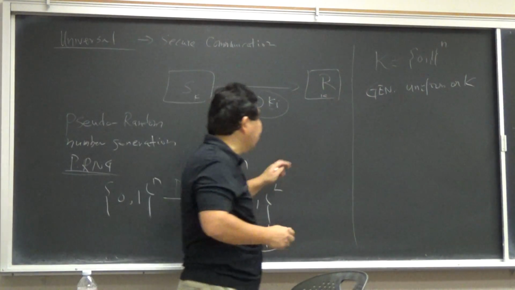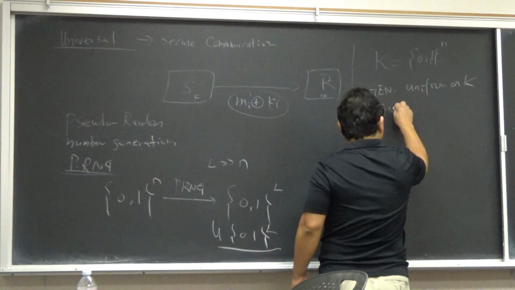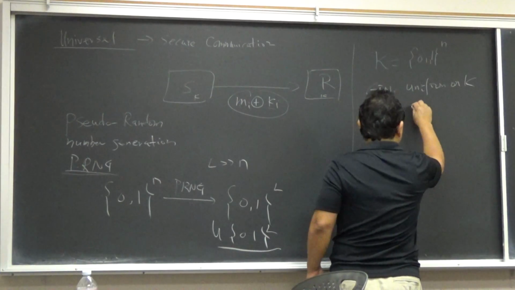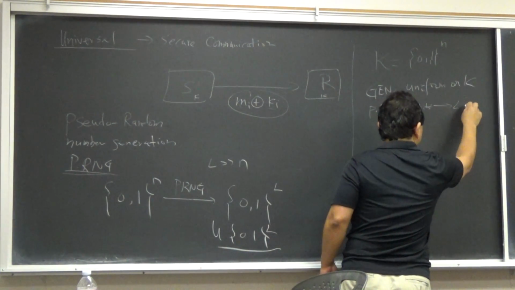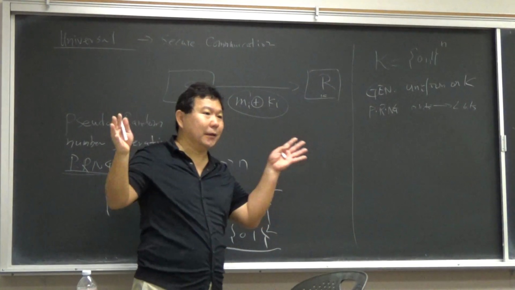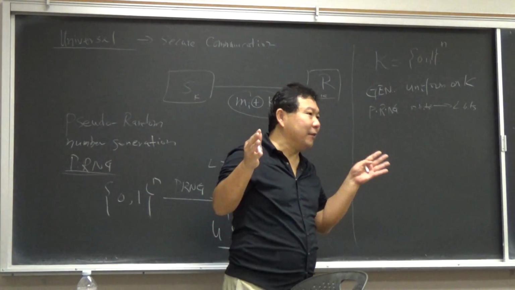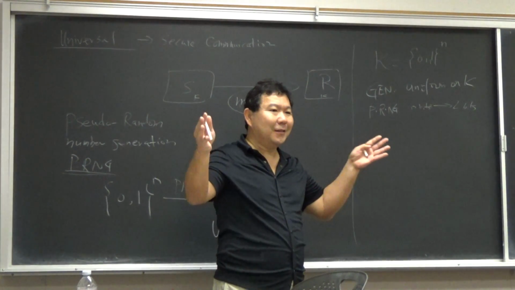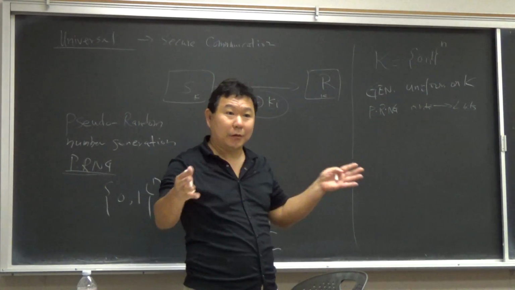Right? That is, we have this pseudo-random number generator. So this intuitively stretches n bits to, let's say, L bits. Suppose L is decided to be the length that you think even the most talkative person cannot talk longer than that anymore. So that's the upper limit you want to talk.